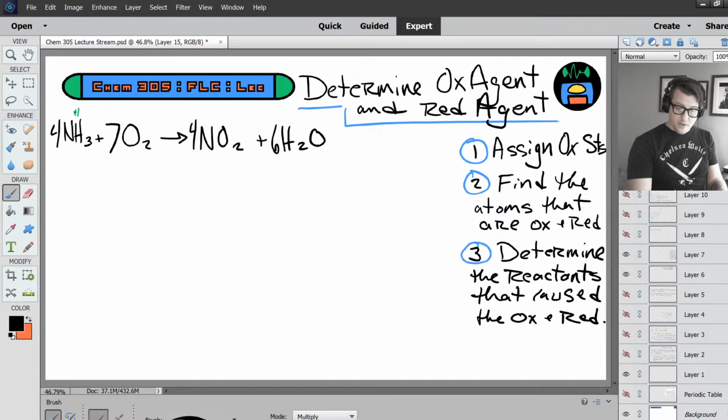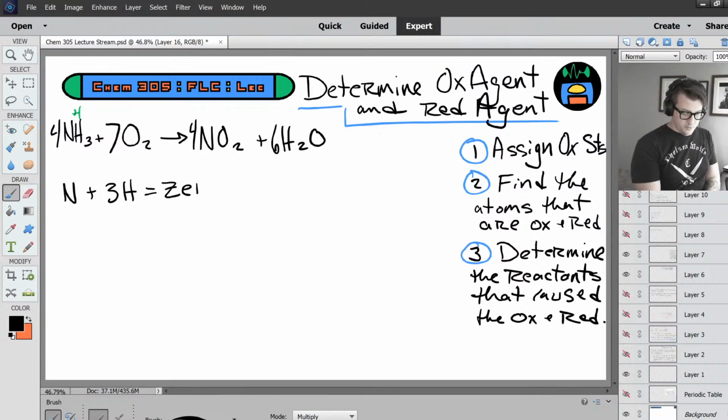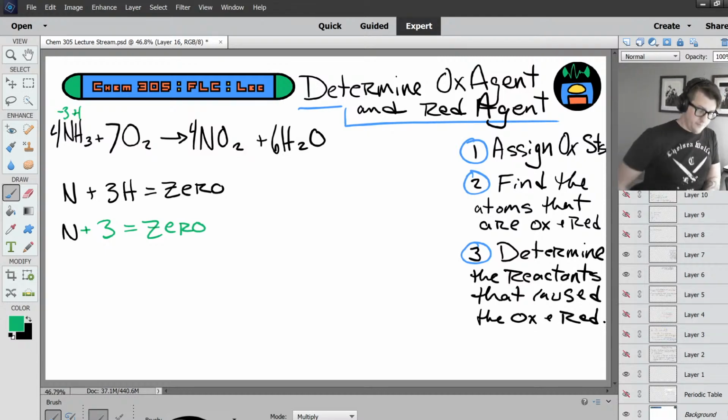Now we have to figure out our oxidation state of nitrogen. Since hydrogen is +1, the oxidation state of nitrogen plus our 3 H's has to add to 0. So nitrogen plus 3 equals 0, which means nitrogen must have an oxidation state of -3 here.